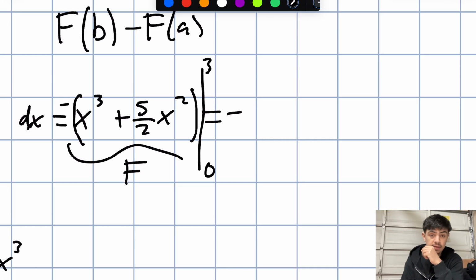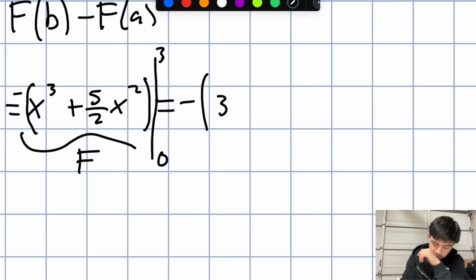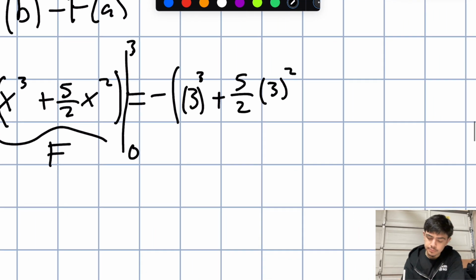So let's put the negative sign in front, right? So now we have our x cubed. We need to plug in our b value into our antiderivative, which is 3. So we have 3 cubed for the x cubed, plus 5 over 2, 3 squared.